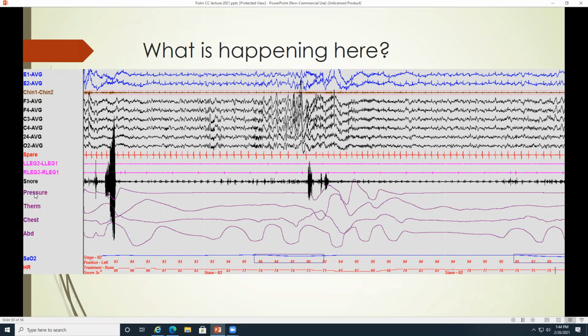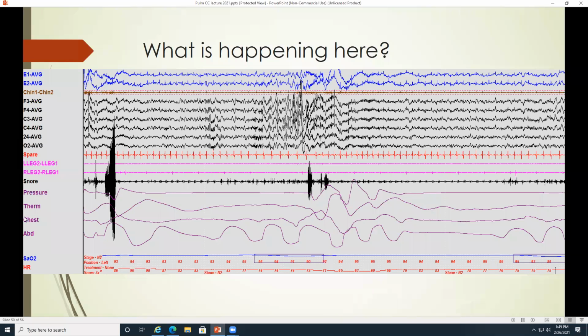An obstructive event, that's good. All right, is it an apnea or a hypopnea? So the difference was how much flow reduction. So we come down here to pressure and thermistor, use this kind of as what normal might look like, because there's actually some flow here. So is this a drop at 30% or 90%? So it's almost a whole percent drop. So that would make it an apnea.